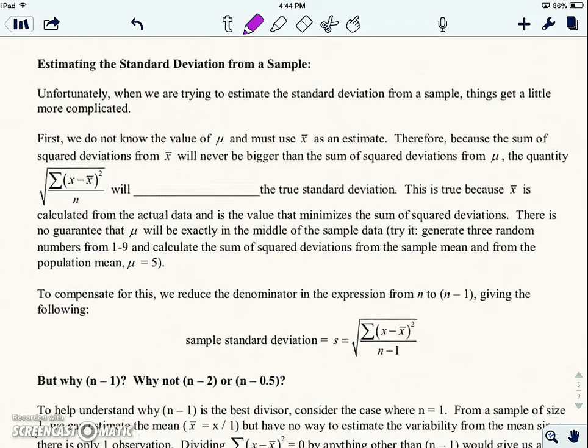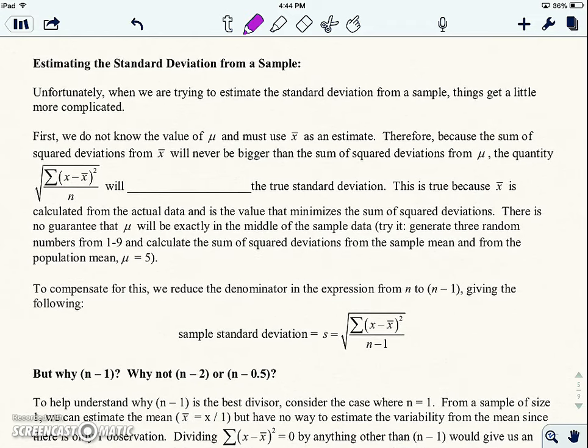Unfortunately, when we are trying to estimate the standard deviation from a sample, things get a little more complicated. First, we do not know the value of mu, which is the true average, and we must use x bar as an estimate.